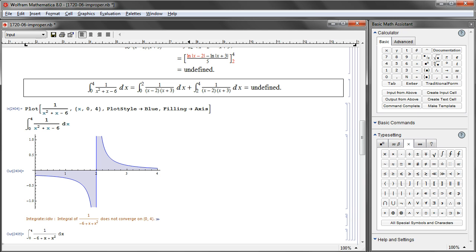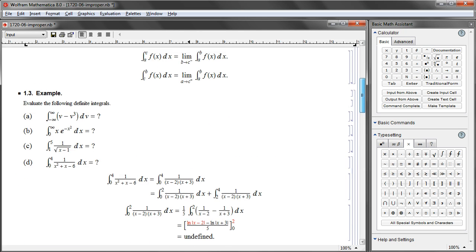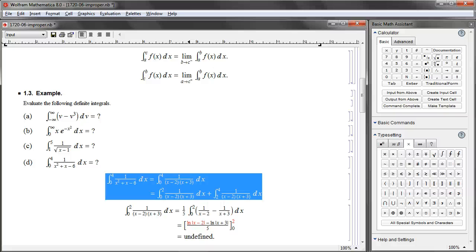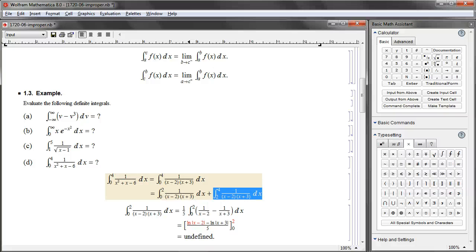So if we lose the continuity, we have a singularity here, then how do we do that? We decompose this improper integral into two pieces, from 0 to 2 and 2 to 4. Like this. 0 to 2, one improper integral, and 2 to 4, another improper integral.